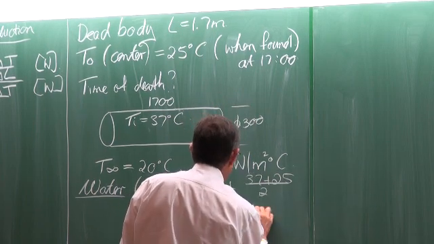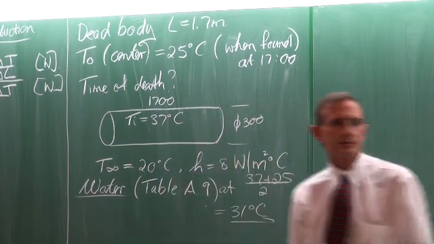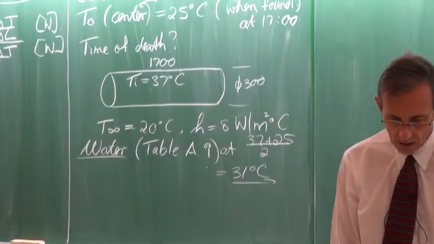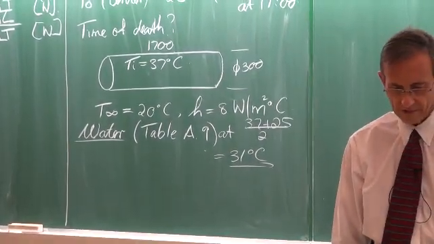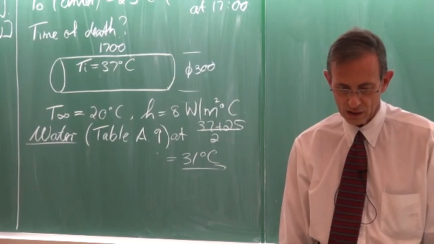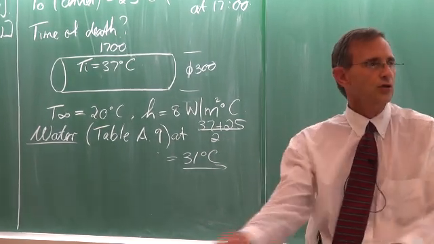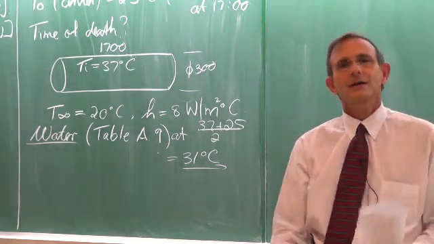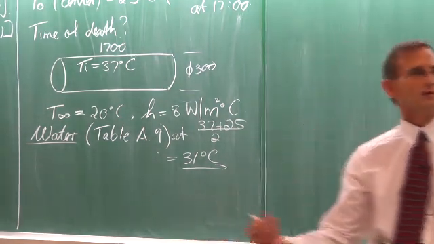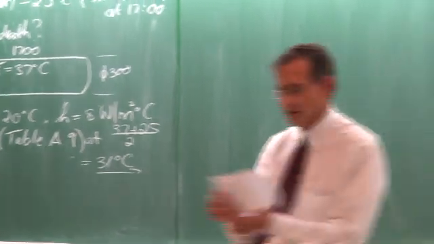That would be the properties at 31 degrees Celsius. Right, so if you look at your tables, values are given at 30 and 35. And I don't know if you are like I am, but I don't like to do interpolation. So I will typically use the closest one, maybe 30 degrees Celsius.